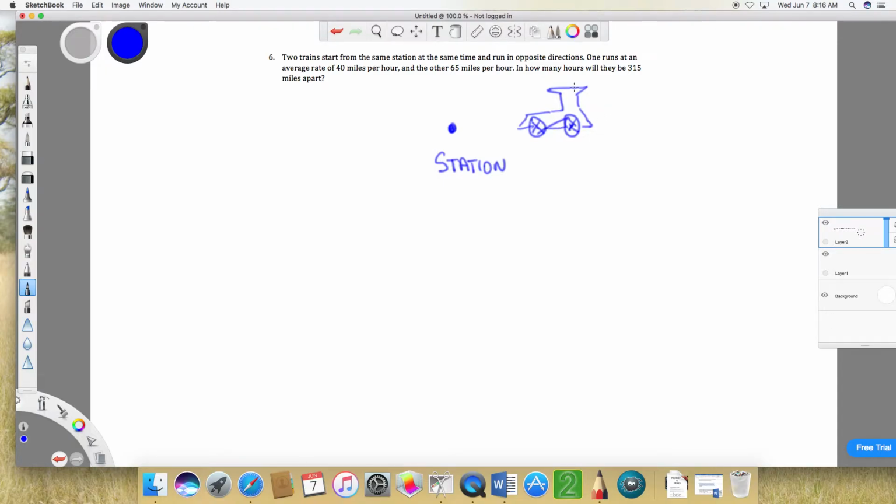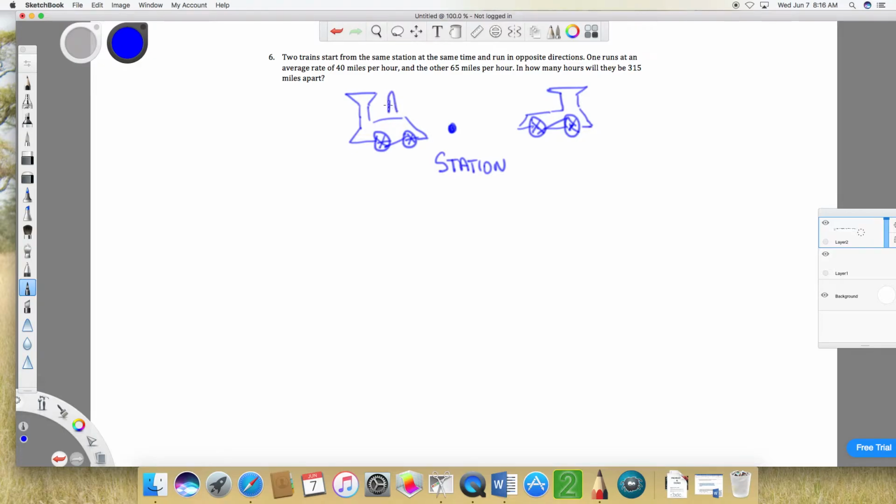Okay, it's not a very good looking train, but here is another train. All right, so they started at this station at the same time.